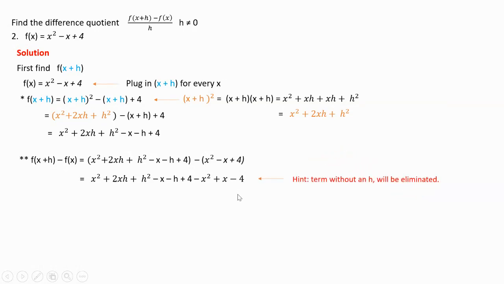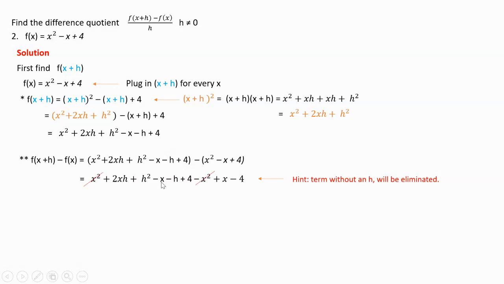Here's a hint that I tell my students: every term that doesn't have an h has to be eliminated, okay? For example, does x squared have an h? No, so somewhere there's going to be a negative x squared, and here it is. So that'll be 0. Does this term have an h? Yes, so that's going to stay. The h squared has an h, so it's going to stay.